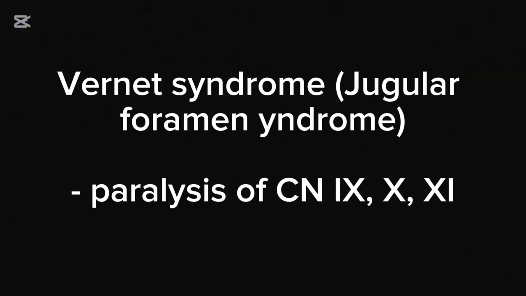Vernet syndrome, also known as jugular foramen syndrome, is characterized by paralysis of cranial nerves 9, 10 and 11, which leads to features such as loss of gag reflex, dysphagia, hoarseness of voice, and weakness in shrugging of the shoulder and turning the head.